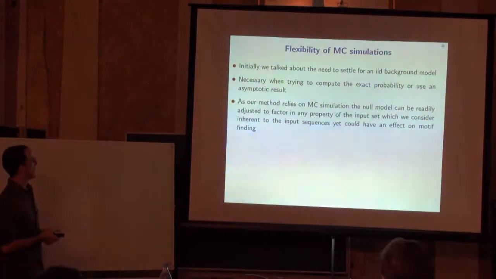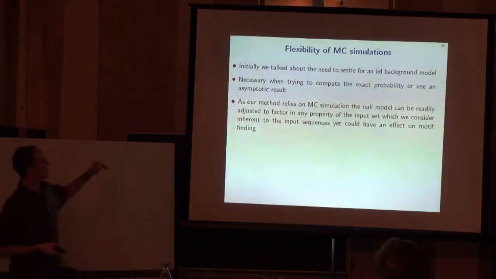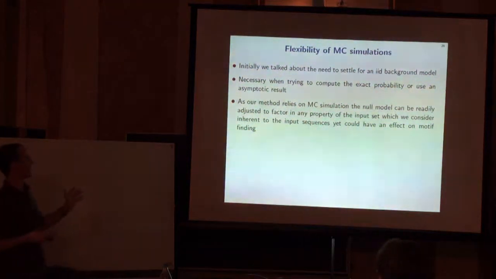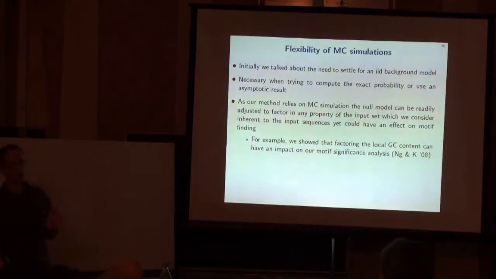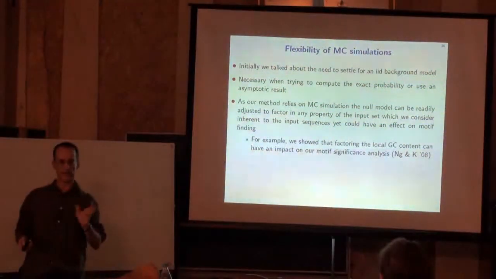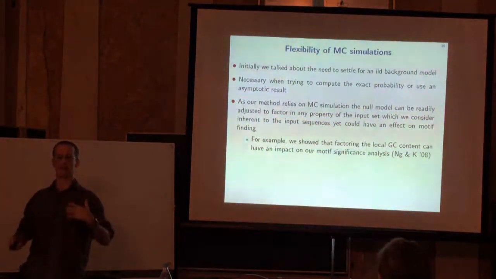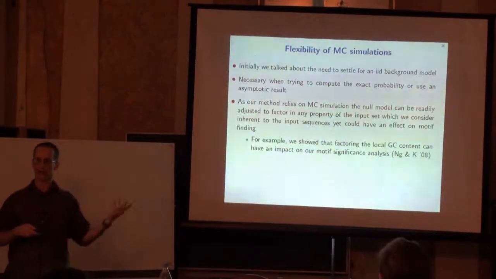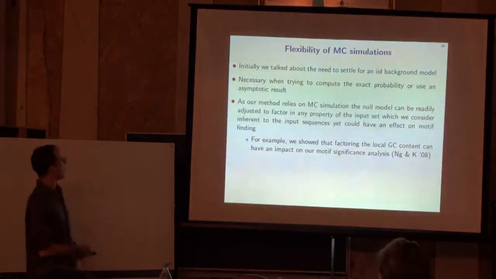I can adjust the null model to factor in any property of the input set which I consider inherent to it but which might inadvertently have an effect on motif finding. For example, we show that local GC content might have a substantial effect on the ability to find junk motifs and their score. So that's something you might want to factor in, and we were able to do that.